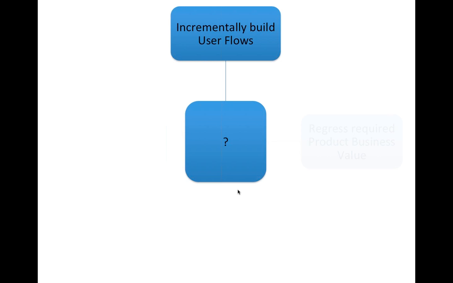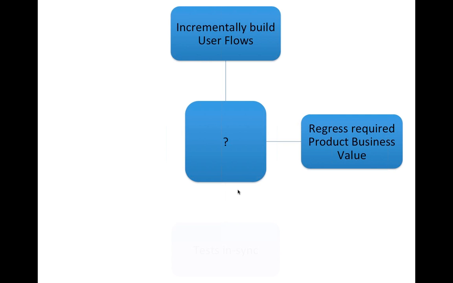The other set of advantages that this brings to us is it incrementally allows us to build the user flows. I spoke about the mind map, how you create it, and you keep on updating that mind map based on what new functionalities and new features are implemented in your product. If you keep on updating the existing mind maps and correspondingly your existing user journeys, you keep on evolving those much better.